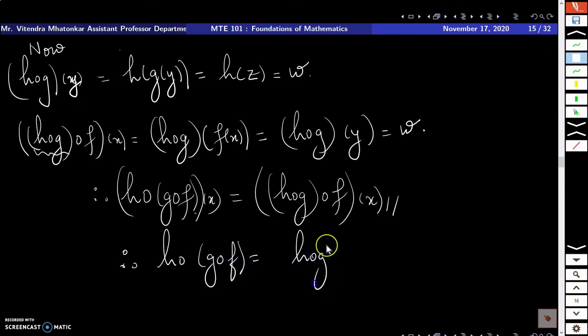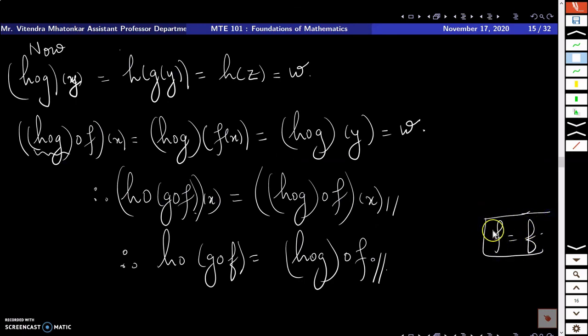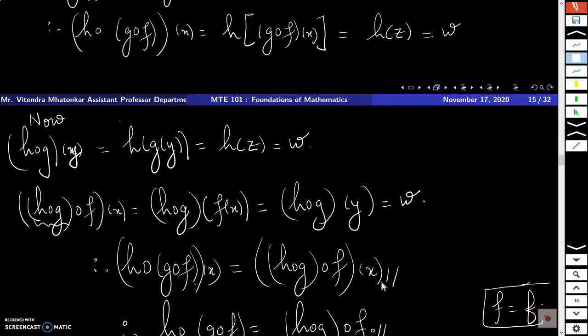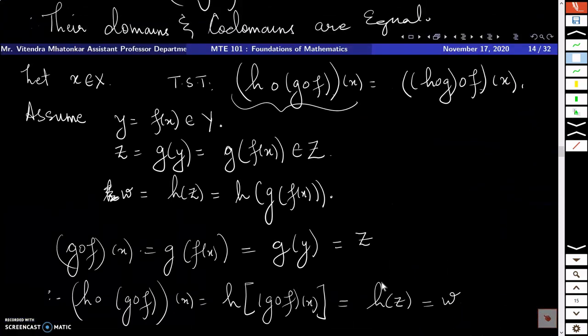Okay, so composition of functions is, I'm writing f in two different ways sometimes. Just take a note here that this f is the same as this f. So from here we conclude that composition of functions is associative.